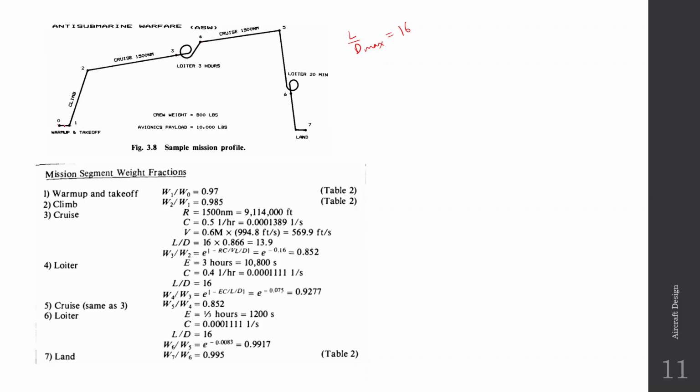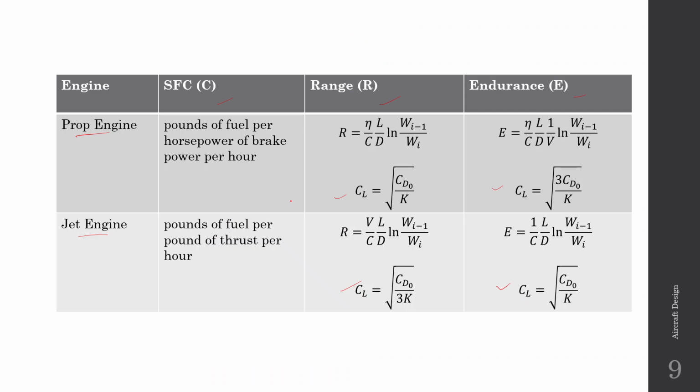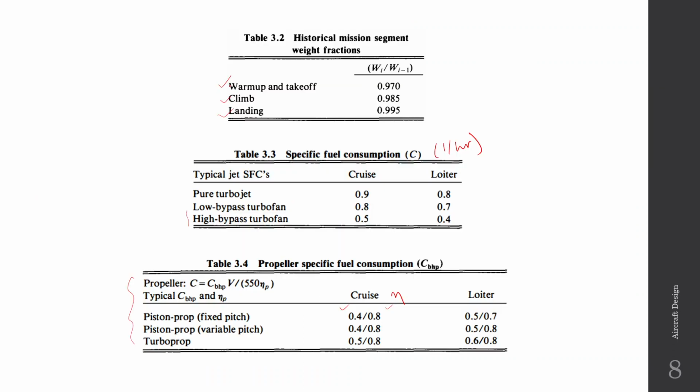For the first phase, which is warm up and takeoff, we can straight away take it from historical data, which is 0.97. If I go back to the previous slide, you can see that for warm up and takeoff, it is 0.97. Again, for the climbing, we can assume 0.985.